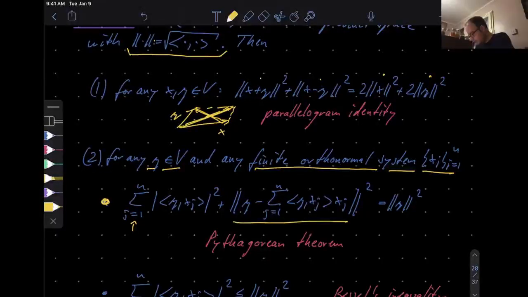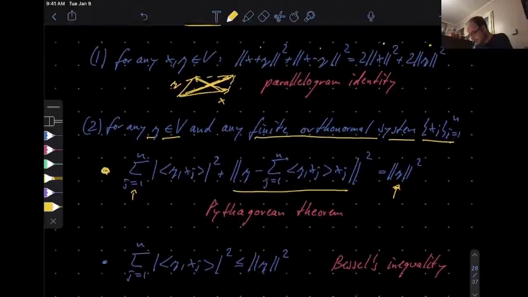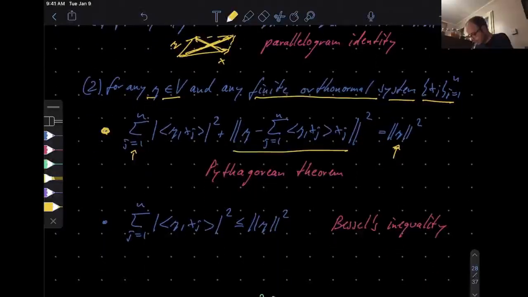Turns out all the j dependency goes out and you just survive with the norm of y squared. It's quite curious, but it has one very important corollary, and this is Bessel's inequality. This is extremely powerful. It looks deceivingly simple, but it has lots of applications, and you will really learn to appreciate it very soon.